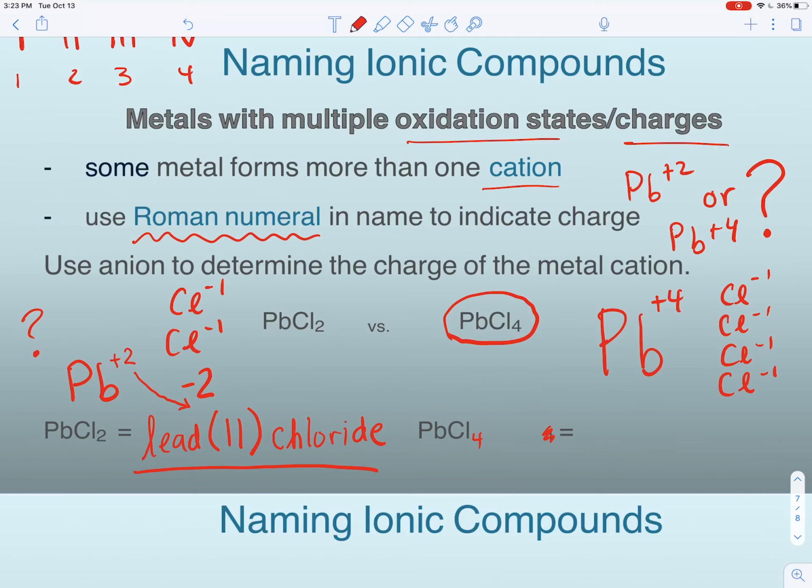So when I write my name, what do you think the name of this is going to be? How about you try this one? We're going to put lead IV chloride, lead 4 chloride. So again, that +4 is telling me the charge of my lead.